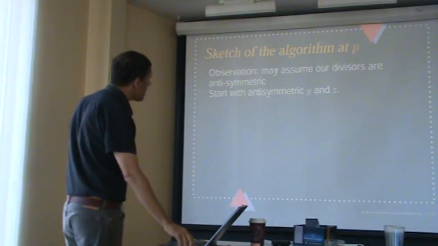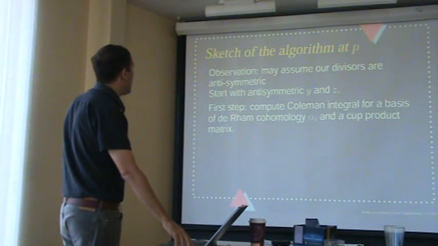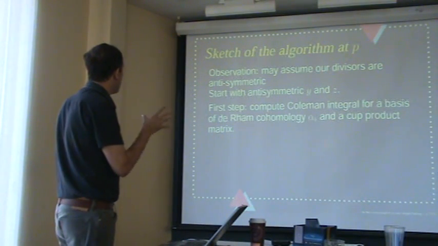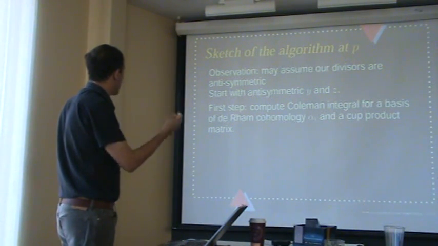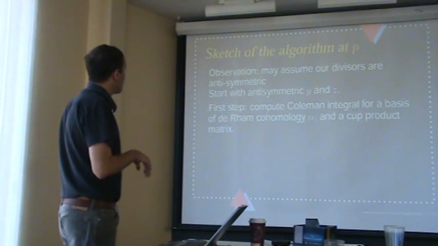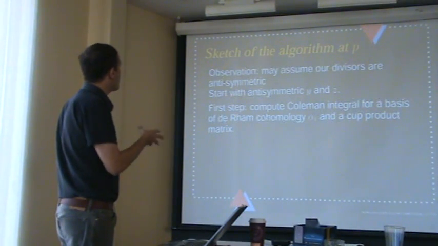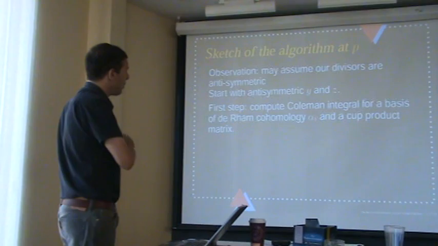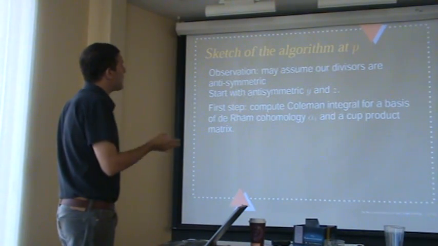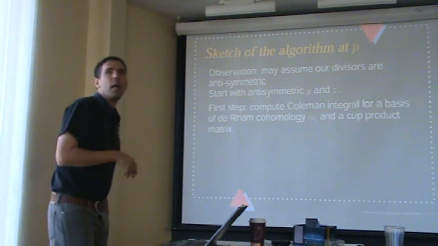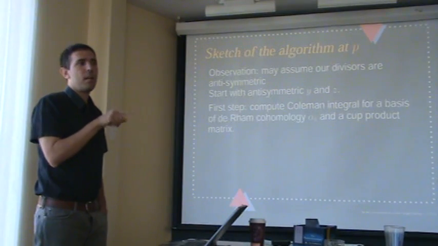So you start with antisymmetric divisors y and z. Here's the first step, and this is again a reference to the next talk: we have to, quote unquote, compute Coleman integrals for a basis of the de Rham cohomology. For a hyperelliptic curve there is a very standard basis, something like x^i dx over y.